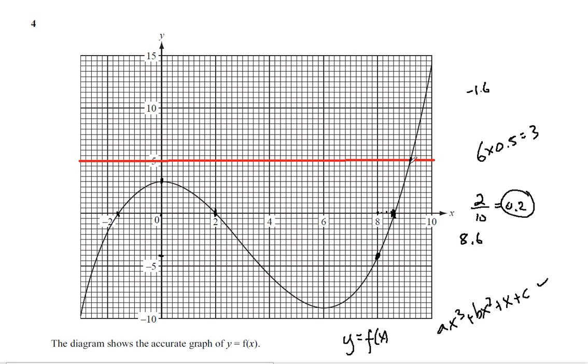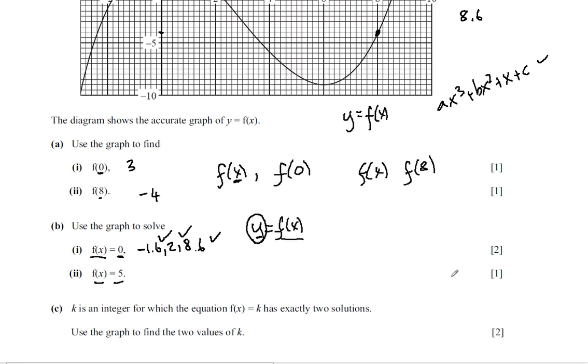So at this point over here, 1, 2, 3, 4, 5, 6. 6 times 0.2 is 6 times 1 over 5, which is 6 over 5, which is 1 and 1/5, which is 1.2. So it's 1.2 from 8, so add 1.2 on 8, so it's 9.2. And that is the value for x for which it has a y of 5.